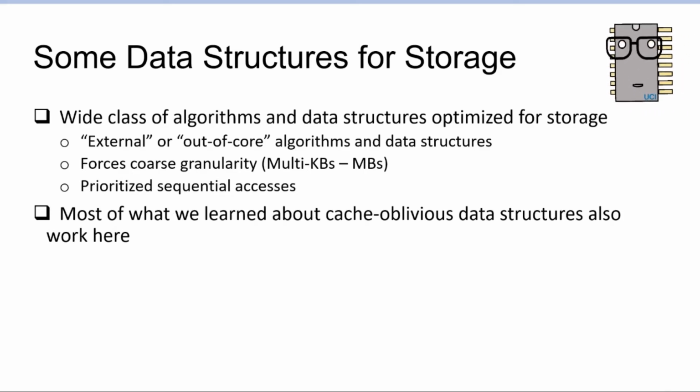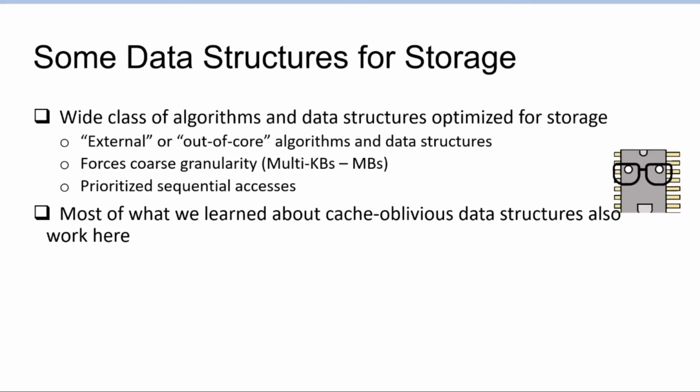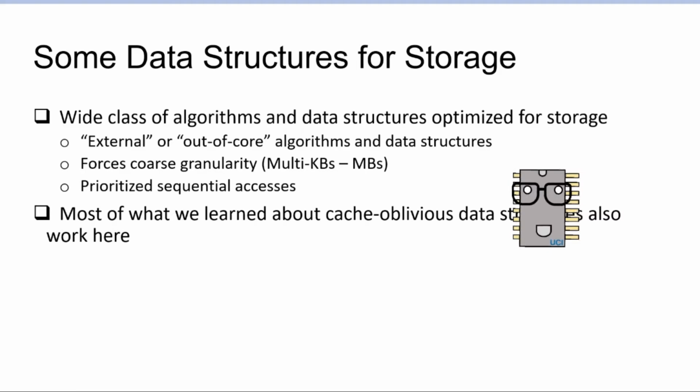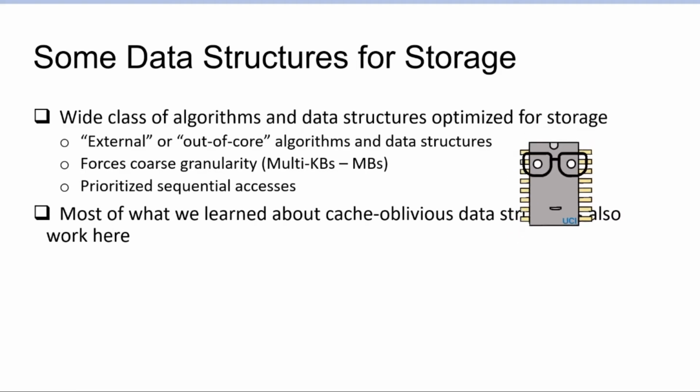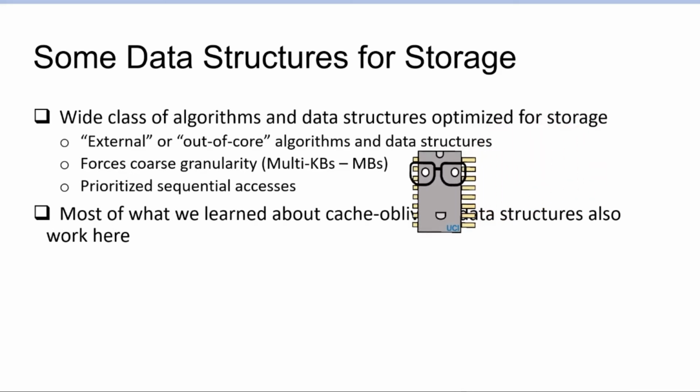Anyways, there's a wide class of algorithms and data structures that are optimized for storage use. Typically, these are called either external algorithms or data structures, or out-of-core algorithms and data structures. Both of these terms typically mean storage. The common theme in these algorithms and data structures is that they force coarse granularity of access.